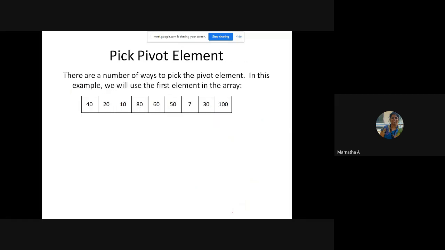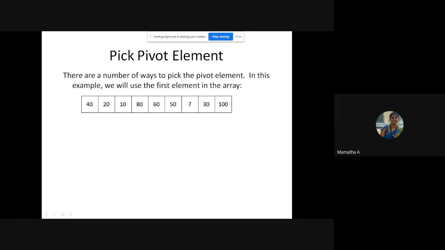Right. So when we talk about partitioning, we have to select the pivot element, some element based on which you should partition your array. That name is given as pivot element. Very simple. As I told you, there are a number of ways: first element, last element, random element, mid element, median element, average. You can have any kind of selection of pivot.